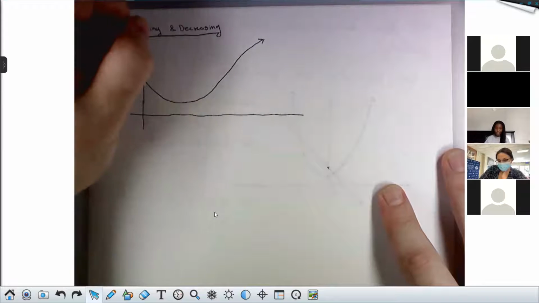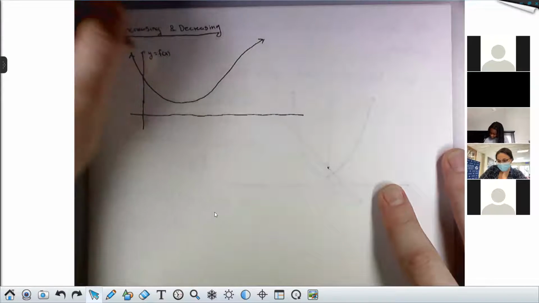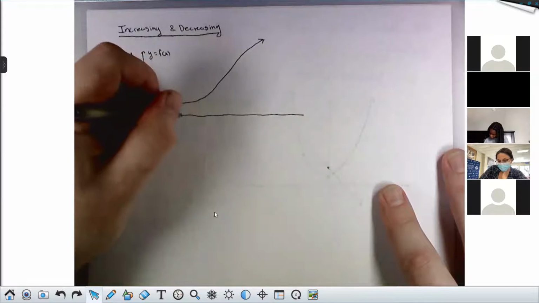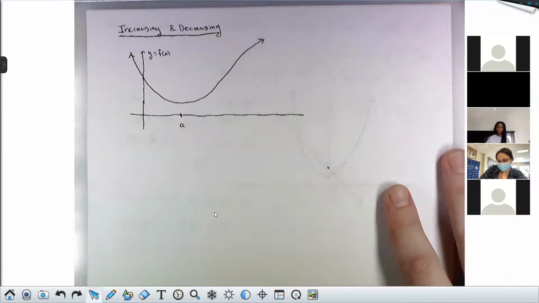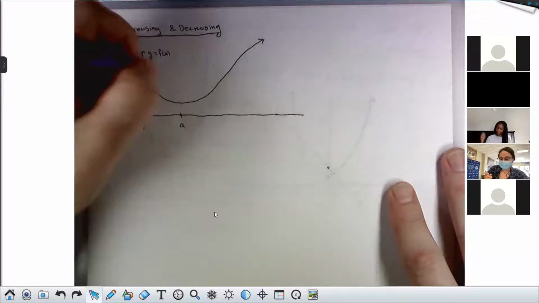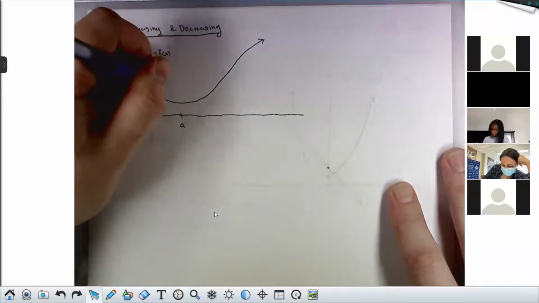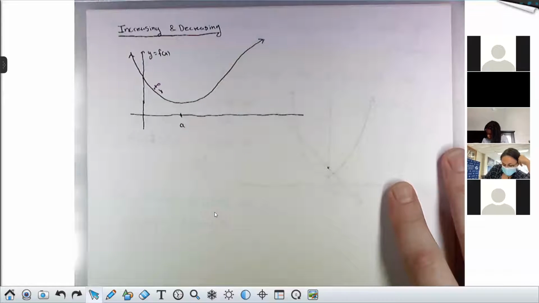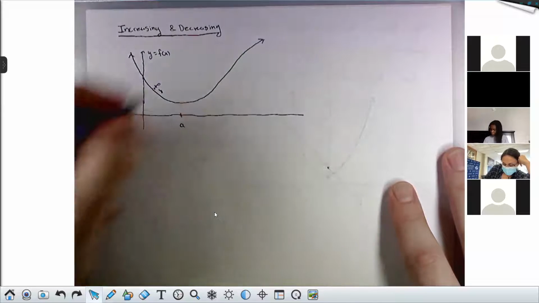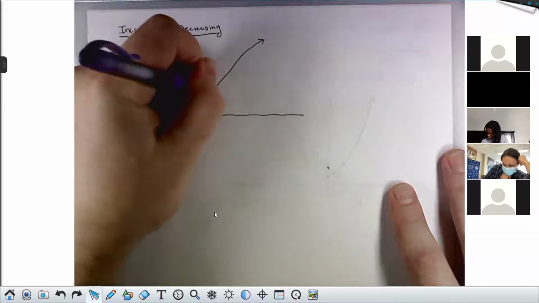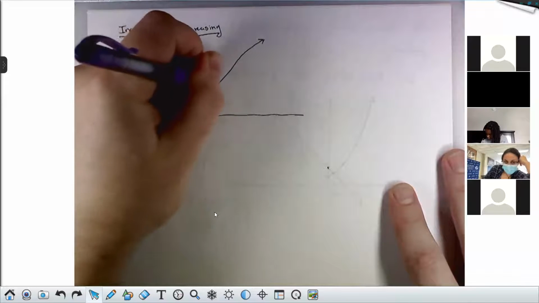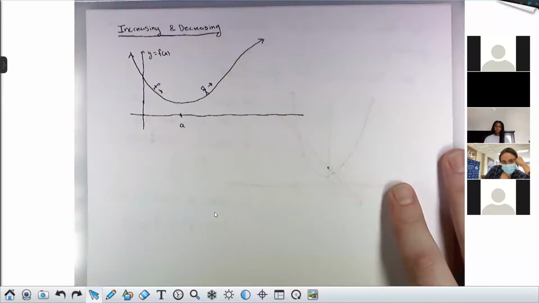So maybe here's my function. I'm just going to label this as A. If you imagine a little dude walking along the graph, going from left to right, if he's going downhill, then the function is decreasing at that x value. And if he's going uphill, then the function is increasing at that x value.